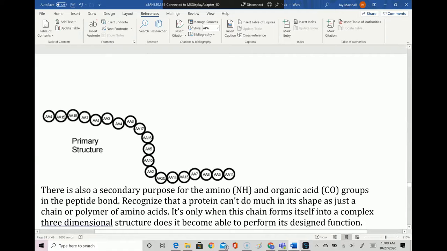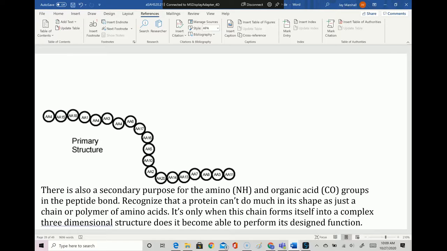Okay, so I hook these together like this. Okay, and they form a chain. Now that doesn't look terribly complex, right? That doesn't look like it's going to do much. It doesn't look like I can use that to build a chemical machine. Okay? But literally inside every cell of our body, we have thousands of hugely complex chemical machines that are made out of these proteins.